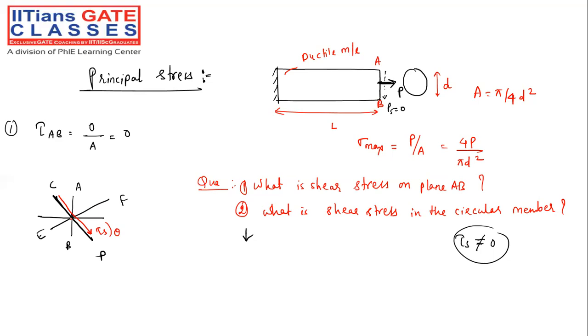We don't apply that limiting value of the load which causes that maximum tau max. If I am able to find this tau at theta, which is x megapascal, then I can save the material. I will just give some more dimension to the material, so that the next cycle it is not going to fail. I will be applying less load. These are the factors of safety we consider when we know the maximum shear stress.